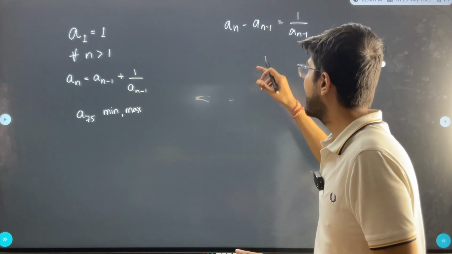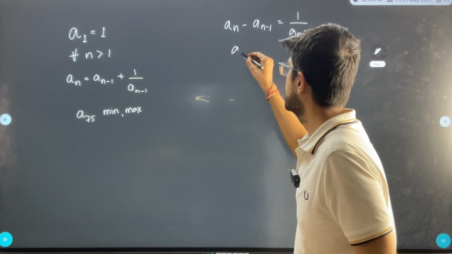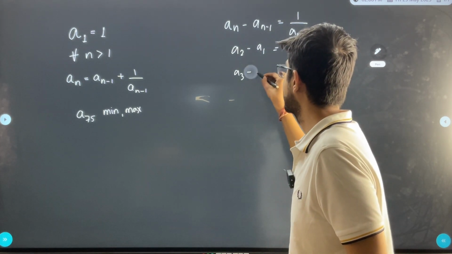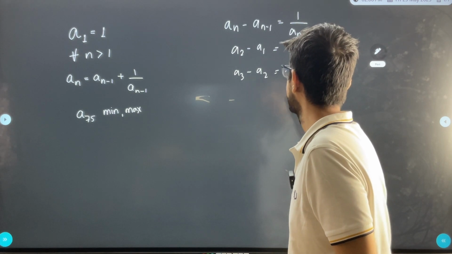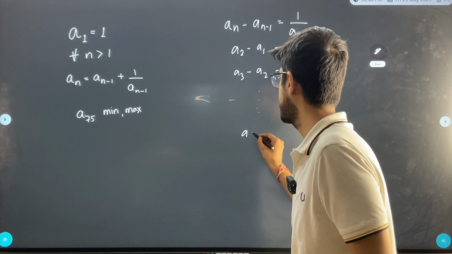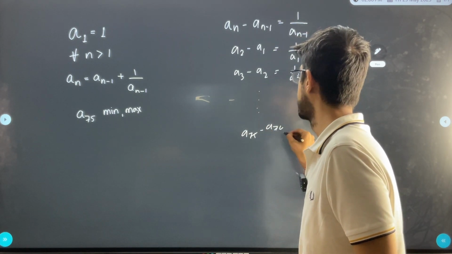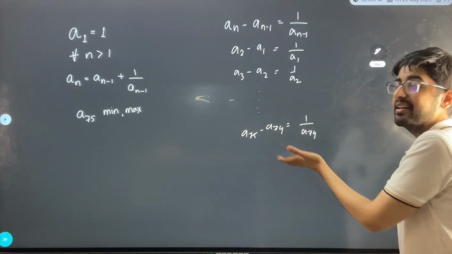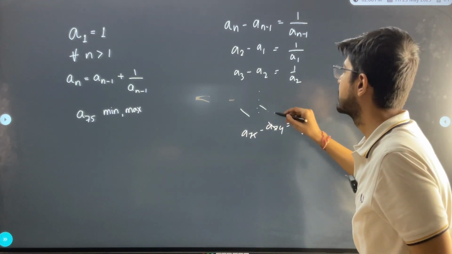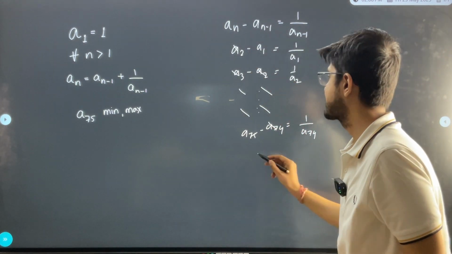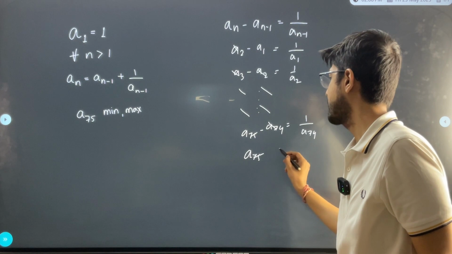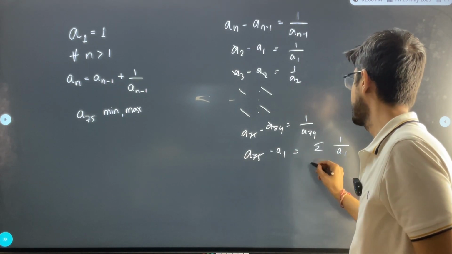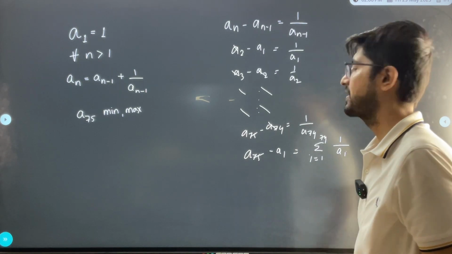Let's say we do a2 minus a1 is 1 by a1, a3 minus a2 is 1 by a2, and as we keep listing all the terms, we will have an expression like this. When I add these terms, we'll see that the terms keep getting cancelled and I will be left with a75 minus a1 is the summation of 1 by ai, where i is equal to 1 to 74.